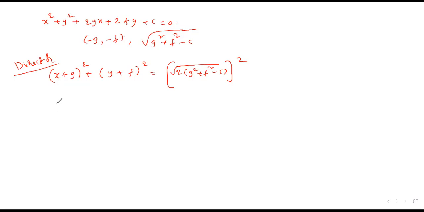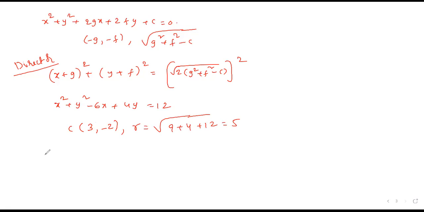For example, the circle equation is x square plus y square minus 6x plus 4y equals 12. For this circle, find the director circle. To write the director circle, first we have to write the center of the circle, which is 3, minus 2, and the radius is root 3 square plus 2 square plus 12, so this is 5. So the equation of the director circle has the same center, but radius root 2 times.